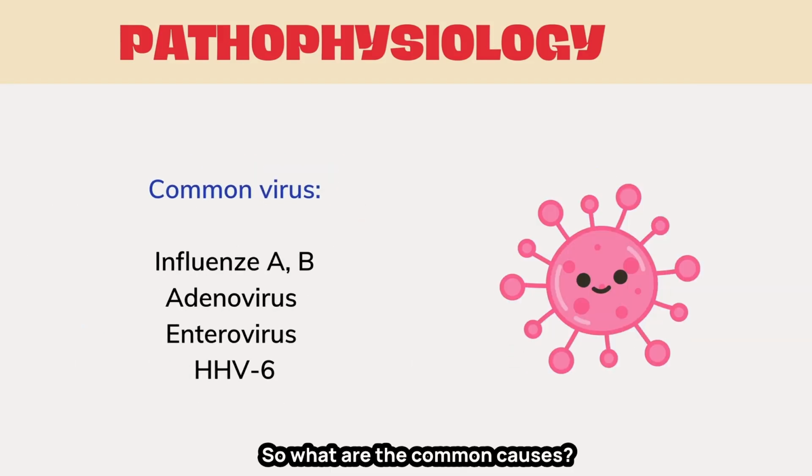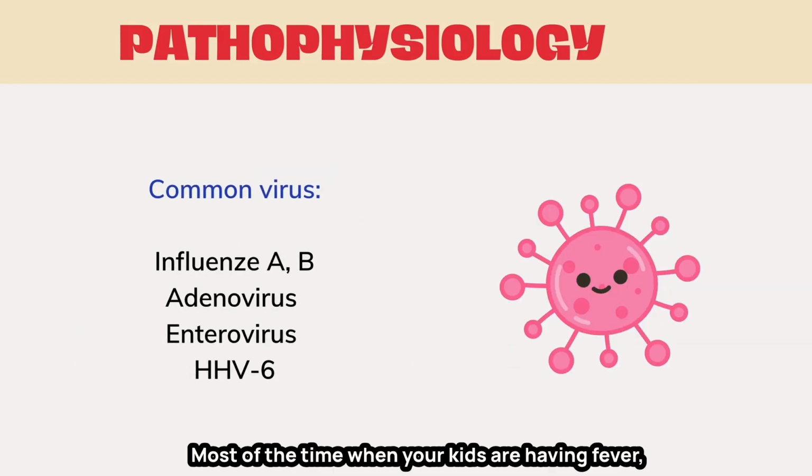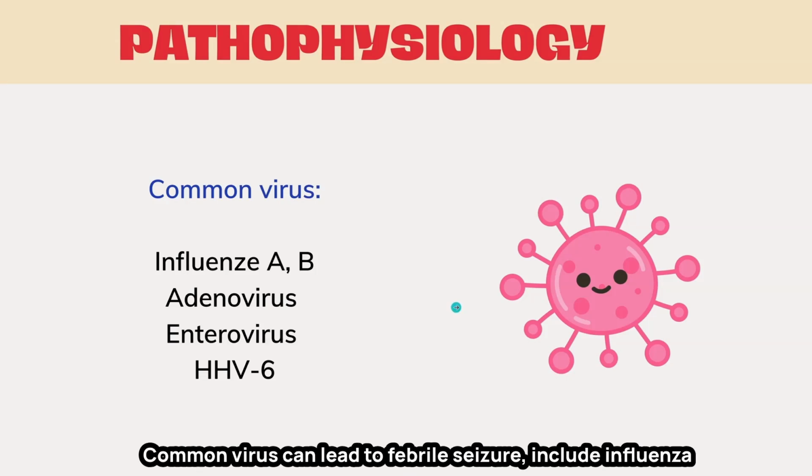So what are the common causes? Most of the time when your kids are having fever, they caught a virus, right? Common viruses that can lead to febrile seizure include influenza A and B, adenovirus, enterovirus when your child has hand-foot-mouth disease, and HHV6. HHV6 can lead to roseola.